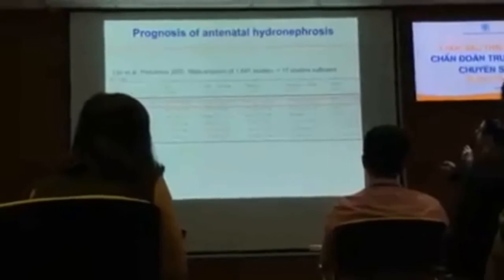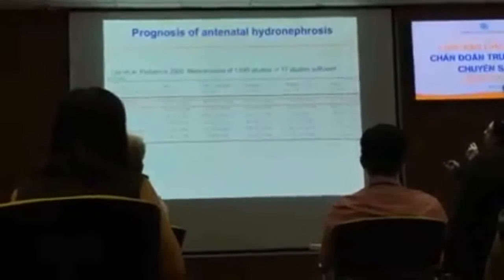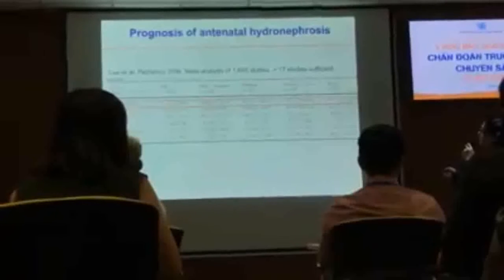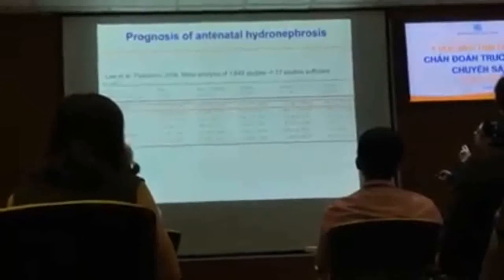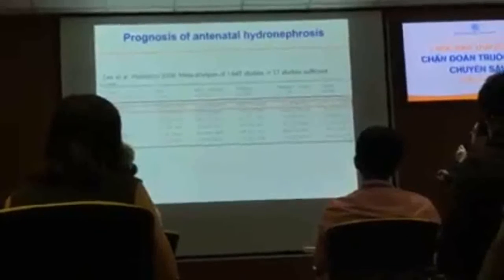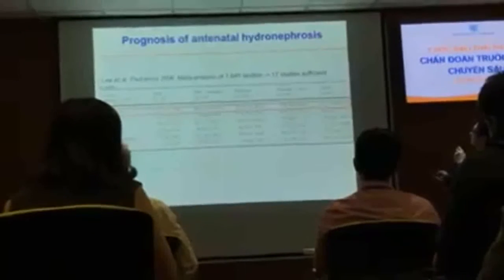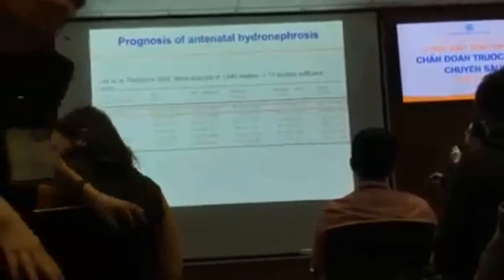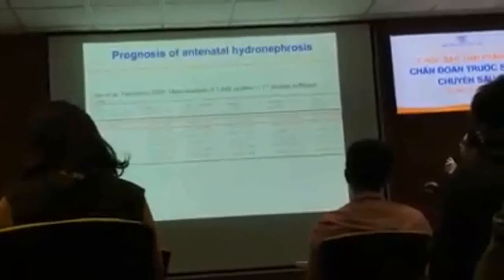Okay, then we have to know the prognosis of antenatal hydronephrosis, right? In any pathology, in a severe form, it's 88.3, yeah, 88.3. The most common cases are the mild form, and moderate is 35.